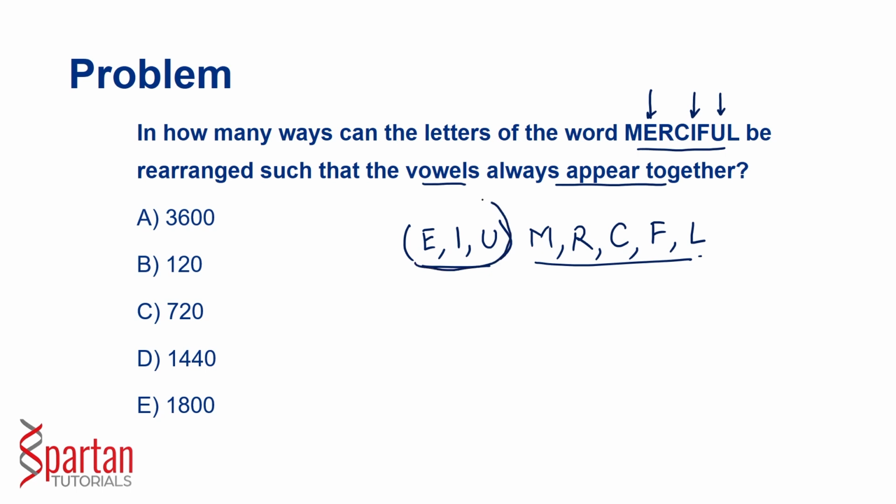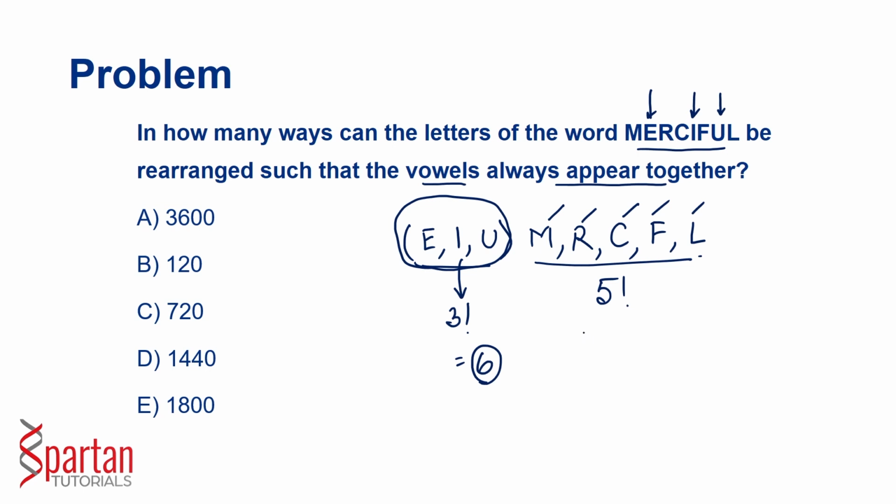Now how many different arrangements can these vowels have? If we rearrange them, these will be 3 factorial or 6. And also, how many different arrangements are possible for this set of 5 different letters, M, R, C, F and L? These can be 5 factorial.